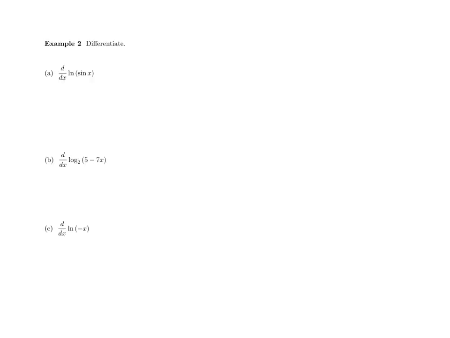In example 2, let's practice these rules by taking derivatives involving logarithms. In part A, what is the derivative of the natural log of sine of x with respect to x? Well, we have to use the chain rule here because we have a composition of two functions. First, the log goes to 1 over whatever is composed in the function, which is sine.